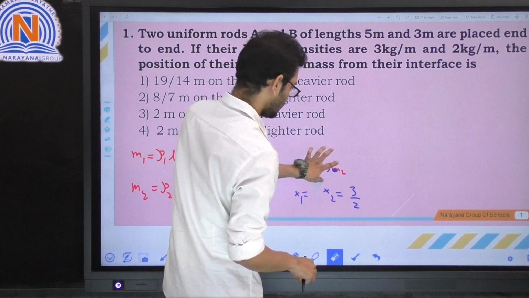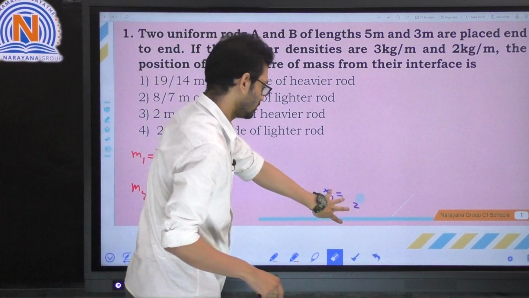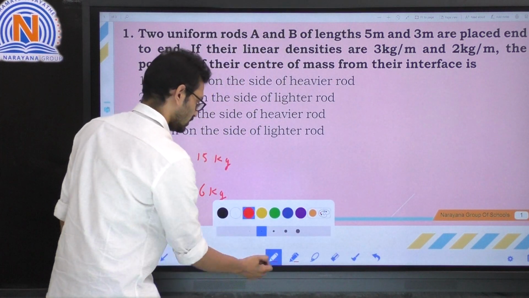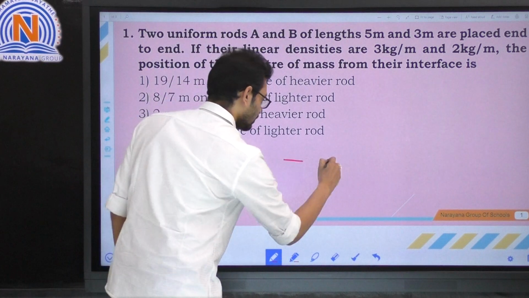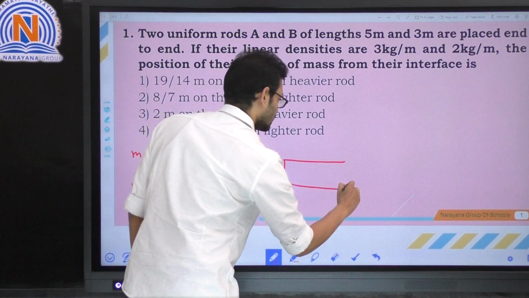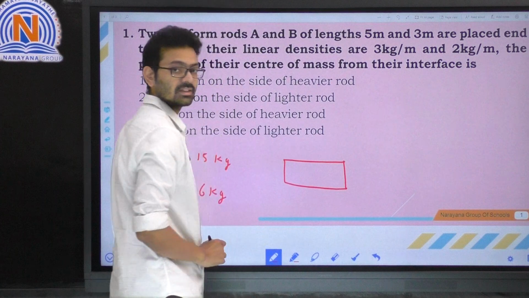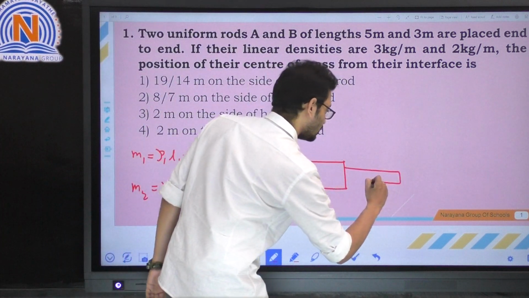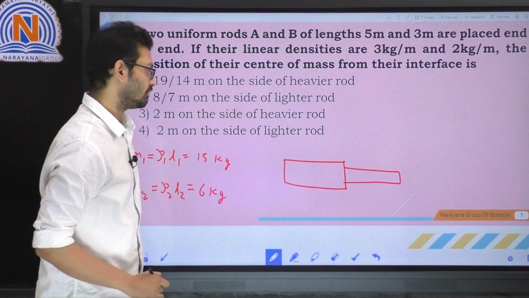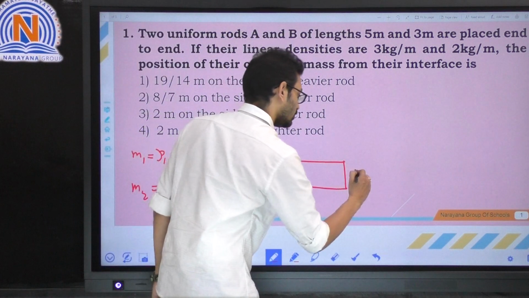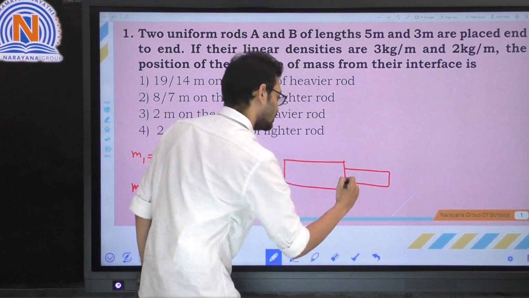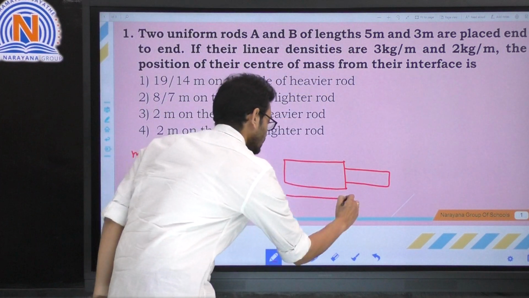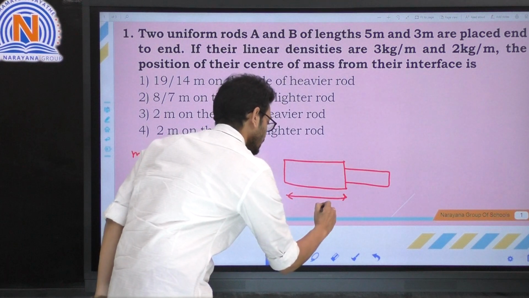Now let me draw that a little more clearly. Let us take the first rod, which is denser and has more mass, as the bigger rod, and the one with less mass as the smaller rod. If you observe the lengths, the length of the first rod is given as 5 meters.